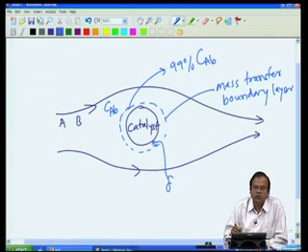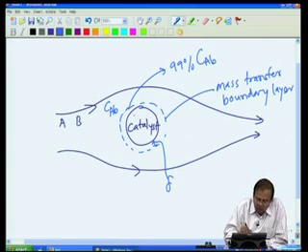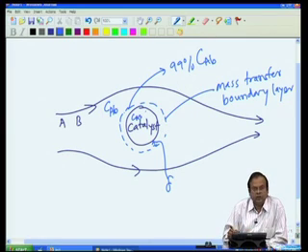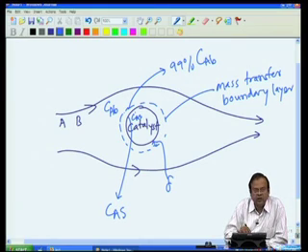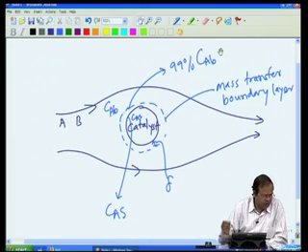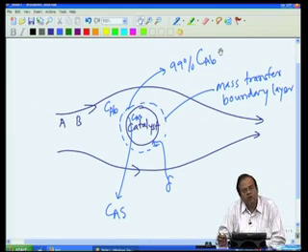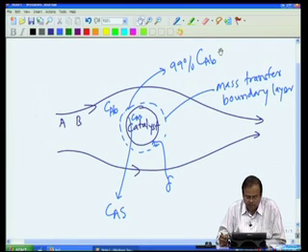Unlike velocity, which is 0 at the surface, concentration may be something different. So, let us say that concentration is CAS. So, the concentration at the surface of the catalyst is CAS, and the concentration at the outer edge of this boundary layer of thickness delta is CAB. 99%, for all practical purposes, we will take it as CAB.